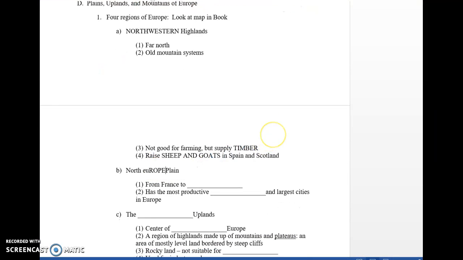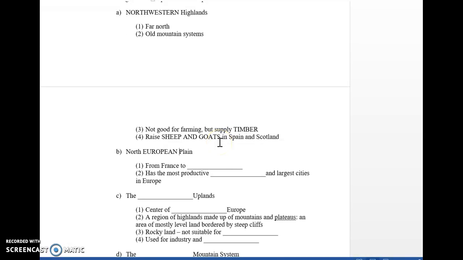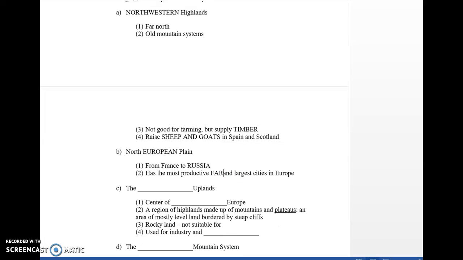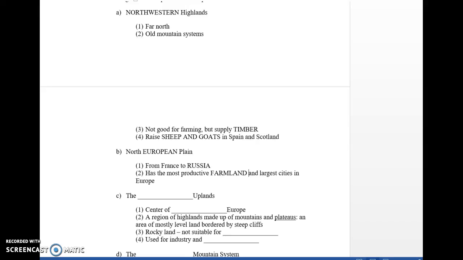The North European plain is significantly important, and that stretches from France really all the way to Russia. And it has the most productive farmland and the largest cities in Europe.